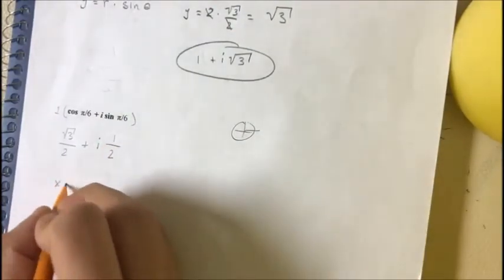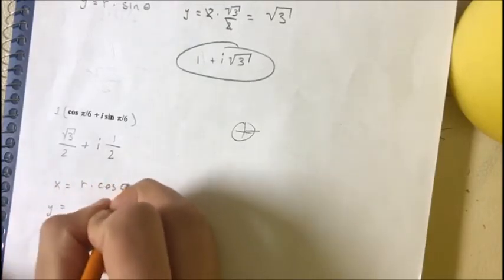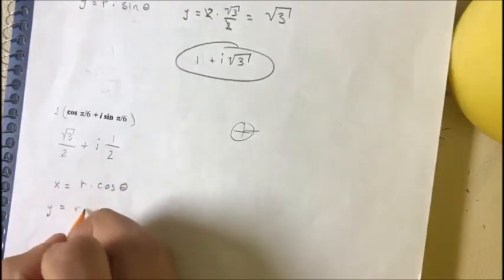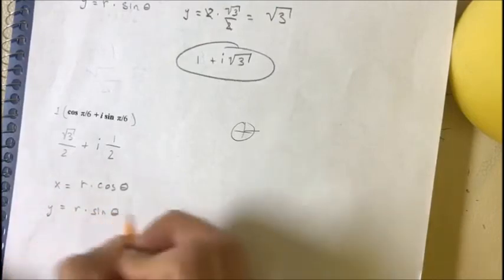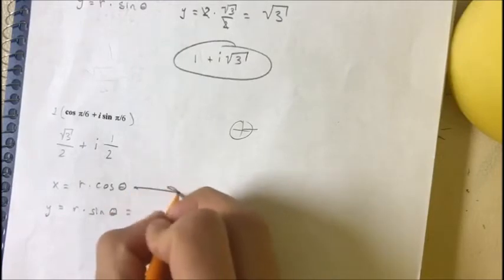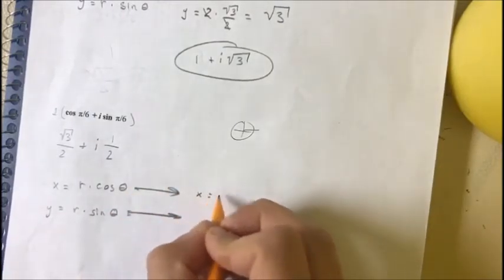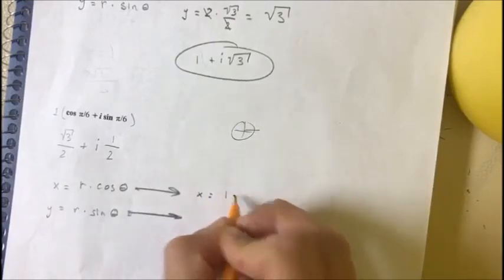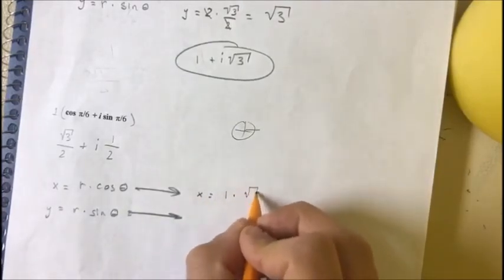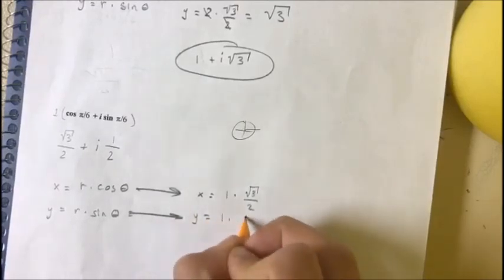To solve for x and y, again it's r times cosine of theta, then r times sine of theta. I have x equals, we have no r, so r is basically 1, times the square root of 3 over 2. y equals 1 times 1/2.